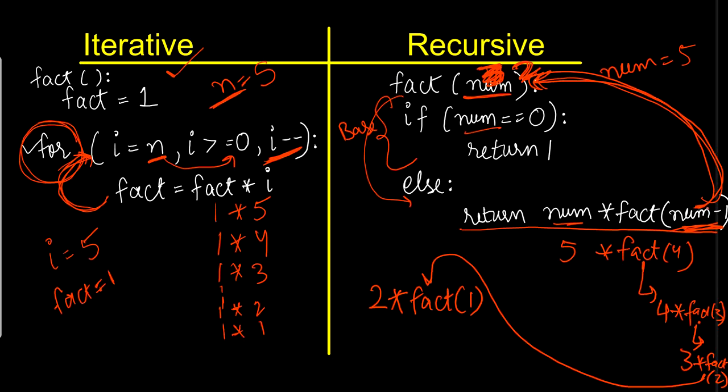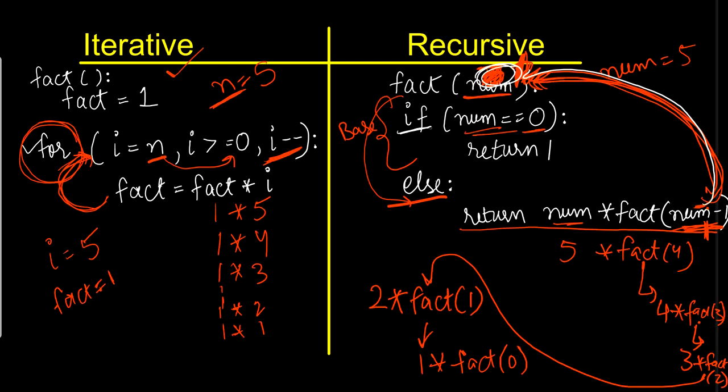Then again we got 1, and it will call itself. For 1, is num equal to 0? No, so it will go to the else part. And here we will have 1 into fact of 0. Now for 0, this time it will go to the if condition because num is 0, and here it will return 1.